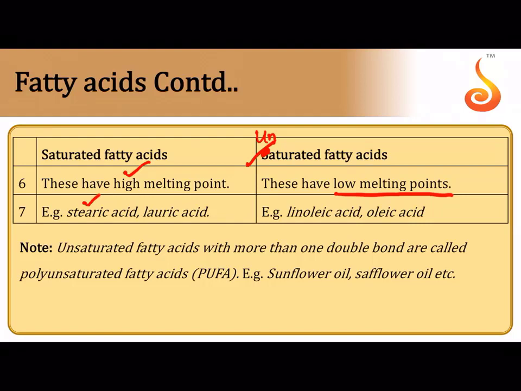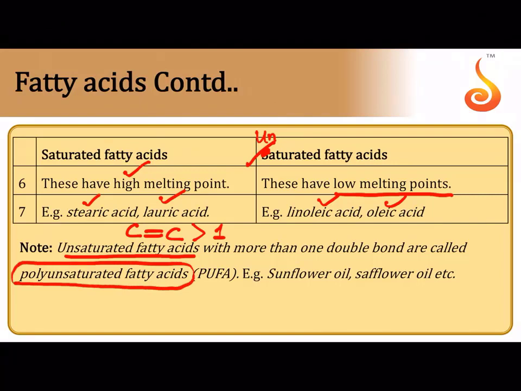Examples of saturated fatty acids are stearic acid and lauric acid. Linoleic acid and oleic acid are some examples of unsaturated fatty acids. There are certain unsaturated fatty acids which not only have one carbon to carbon double bond, but more than one carbon to carbon double bond. If you see more than one, it is referred to as PUFA, that is polyunsaturated fatty acid.